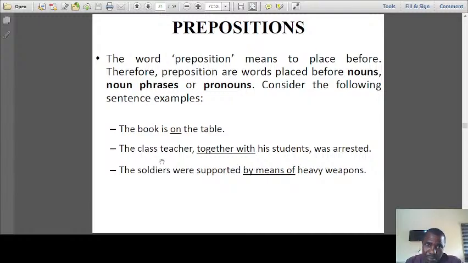So we can end the class here now. After the mathematics class, we shall come back to begin from preposition. And after that, there is going to be an exercise for you to submit once you resume. Thank you very much.